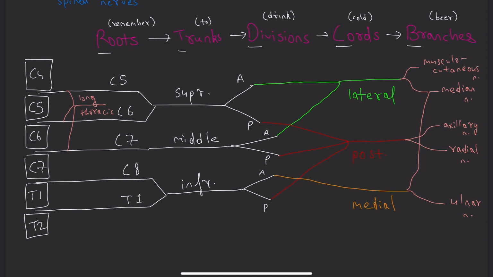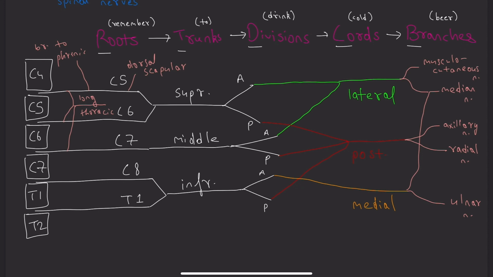From the C5 root, we will also have another branch, which is a branch to the phrenic nerve. From the C5 root, we will also have a third branch, which is called the dorsal scapular nerve.